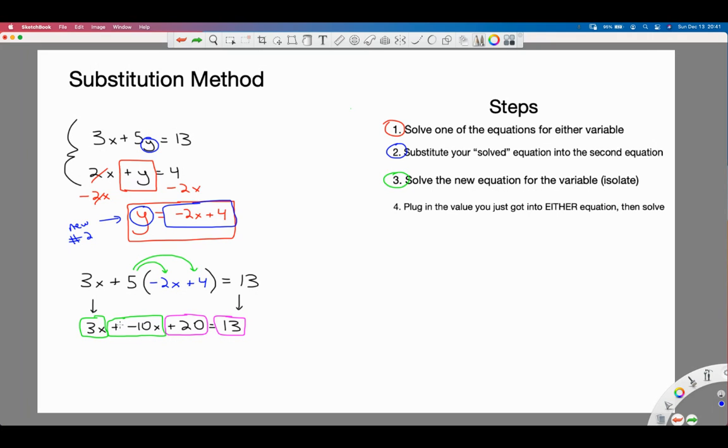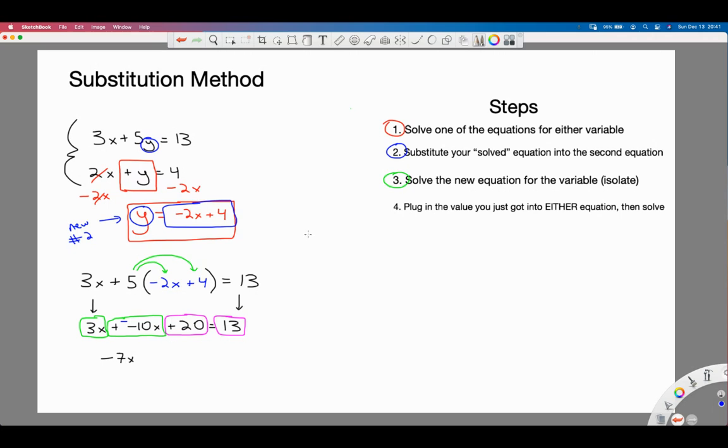When you have the positive and negative sign next to each other, sometimes you don't see that, but sometimes you do. And when there's different signs, the negative sign will always take charge. So positive and negative is just a negative. So 3x minus 10x will get you to a negative 7x.